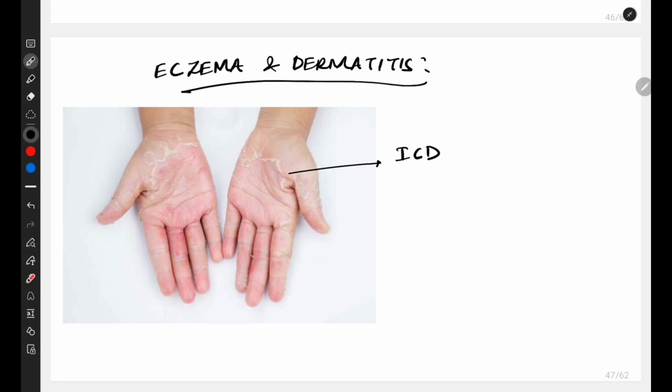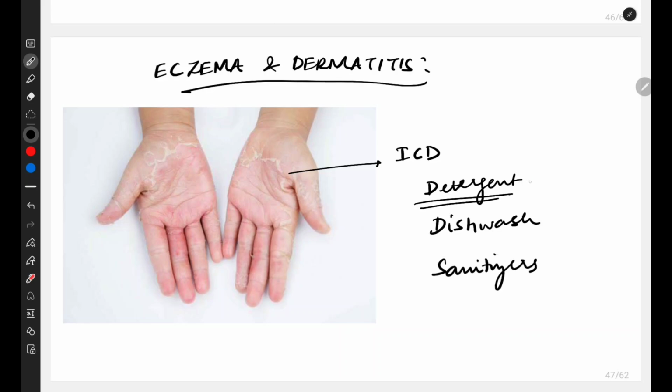It occurs when there is contact with irritant particles like detergent, dishwashing fluids or any sanitizers. Due to detergent it can cause ICD, which is commonly called housewife eczema. Usually the person who washes the utensils will be contacting their hand with detergents, so it may cause a dermatitis like this. It's called ICD. It's most commonly due to detergent.